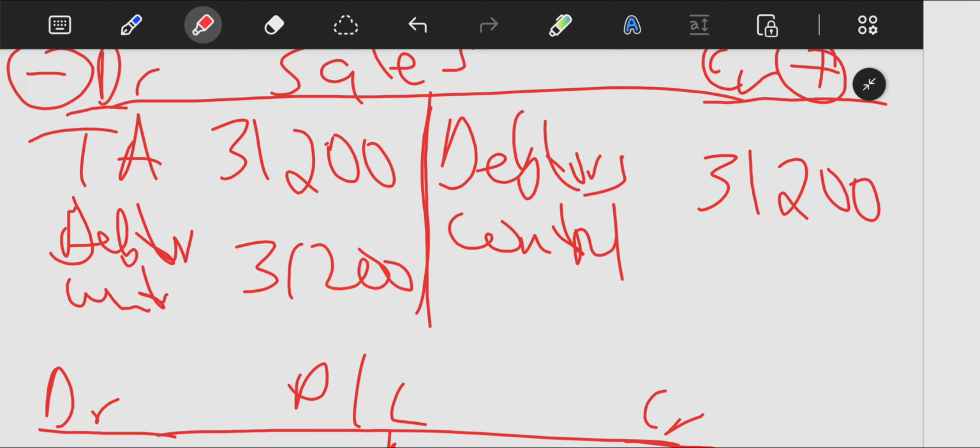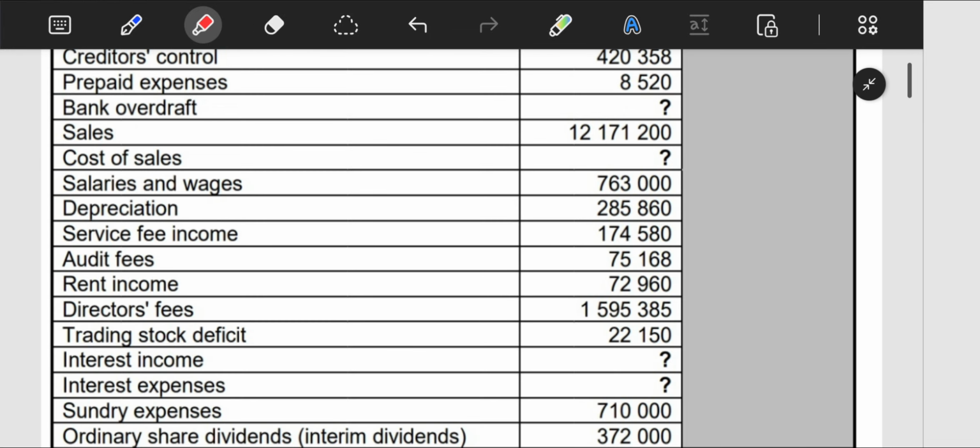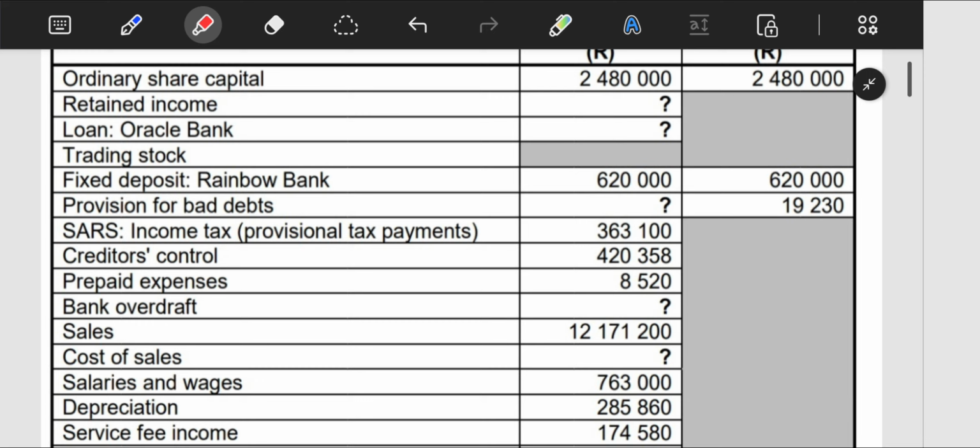31,200. So immediately when we say sales has decreased by 31,200, it means that this is going to affect your income statement on your sales. That 31,200 is included here.